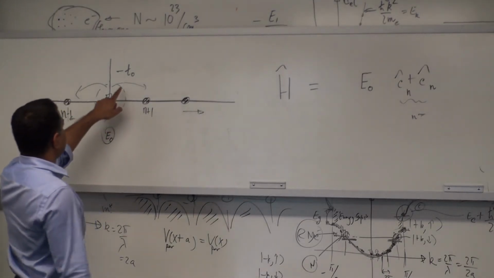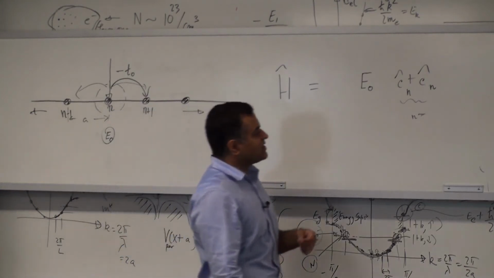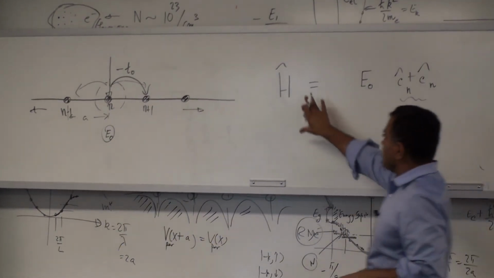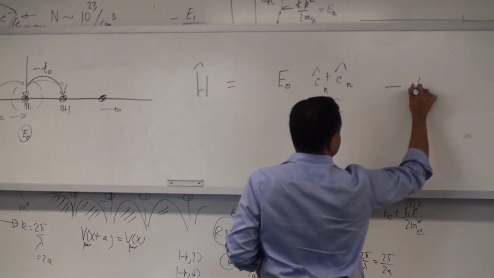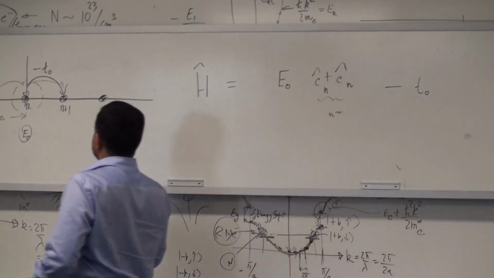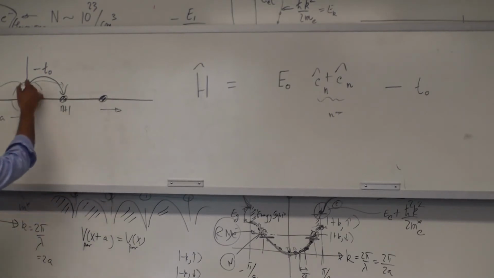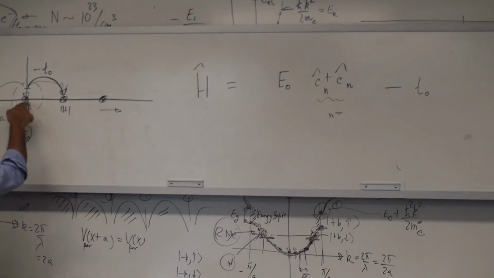Now you can probably help me to write this process. The creation and annihilation operators will help you write it right away. Remember we're writing the Hamiltonian, so it's going to lower its energy, so I get minus T naught. And then what combination of operators will give me this? To have an electron hop from here to there, I must first annihilate it here and create it there.